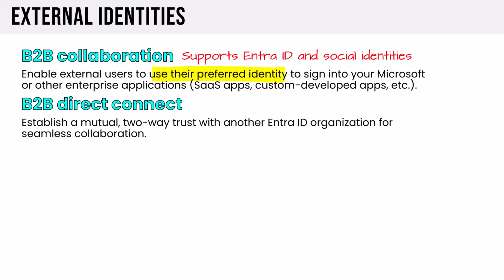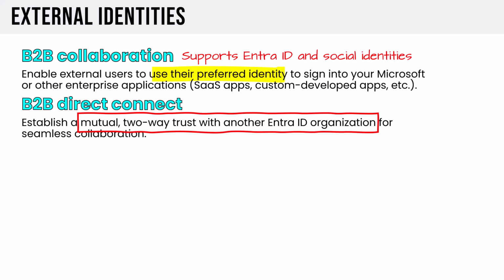Then we have B2B Direct Connect, which establishes a two-way mutual trust with another Entra ID organization for seamless collaboration. So this allows a user to use the Entra ID from their own organization rather than a guest identity in the remote or partner organization.